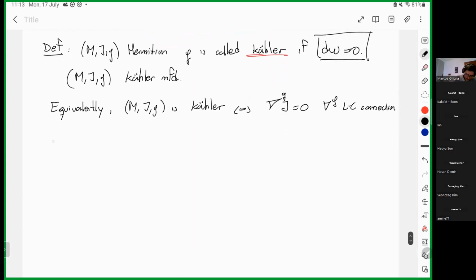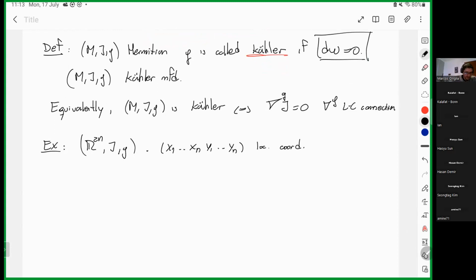So again, let's talk a bit about some examples. Of course, our canonical example works in this situation. We have our local coordinates, remember, as a real version of the complex C^n.